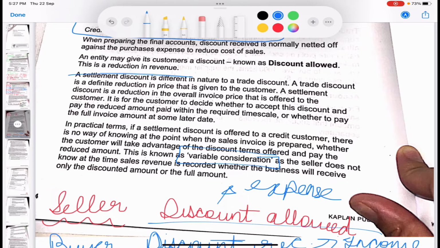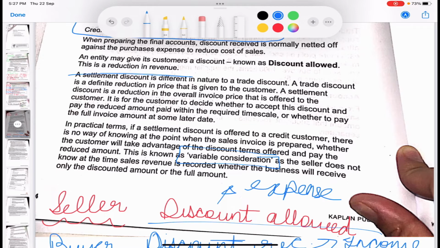Okay, so as we have just discussed before this how a cash discount or a settlement discount works, we can never be so sure about whether a person will be availing the discount or not. Today I can be a buyer. Today I can come to you and I can say that I will be paying the money within 10 days instead of 20 days, so please give me the cash discount.